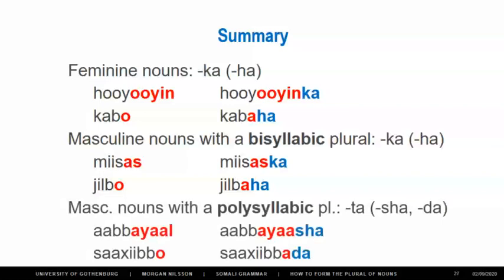And again, we have the masculines with more than two syllables in the plural. And they also fall into two different kinds of nouns. One could say that there are six different groups of nouns when it comes to the formation of the plural and then the definite plural.